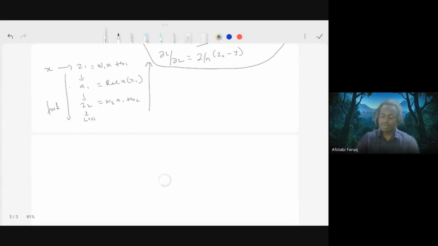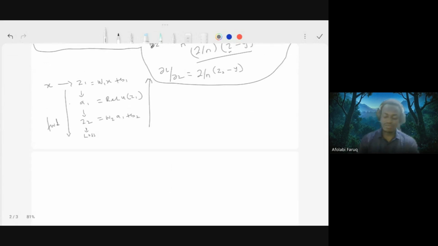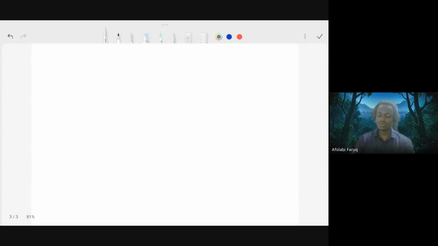To look at the backward pass carefully again, we have the loss, and then delta 2 equals dL/dz2. Then we have dL/dW2, which was delta 2 times a1 transpose.